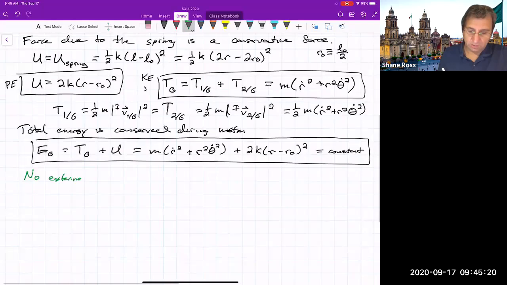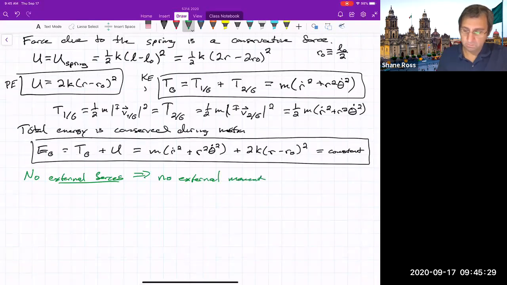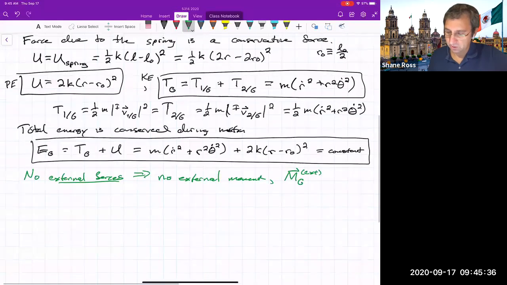Since there's no external forces, that implies no external moment, which has a symbol, M ext, and we're talking about the center of mass.